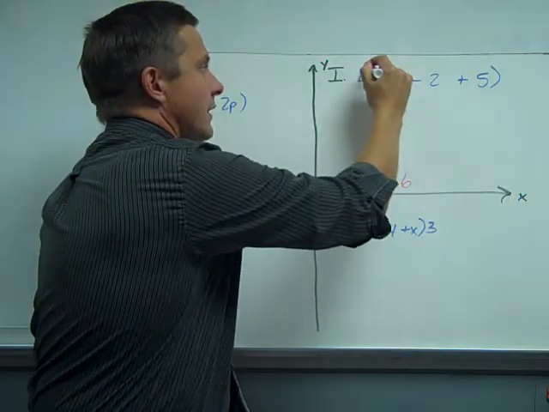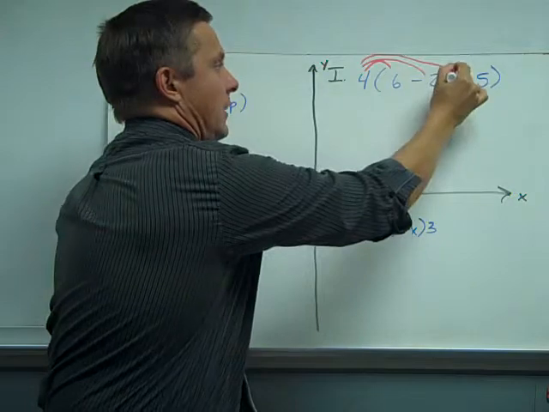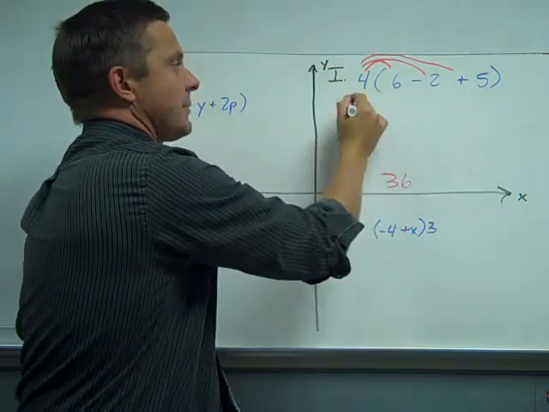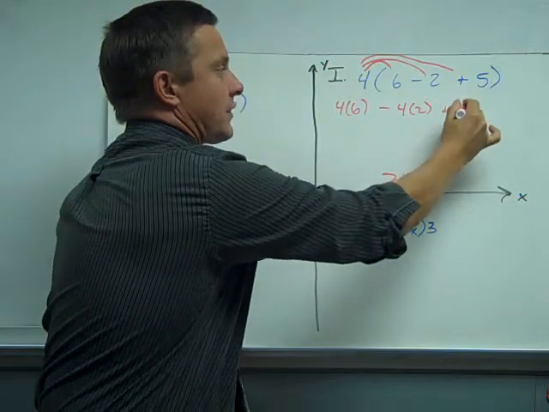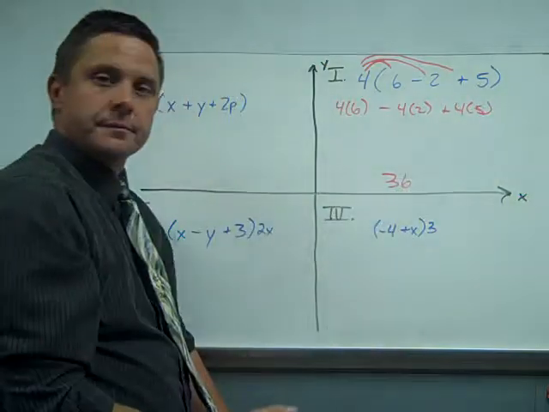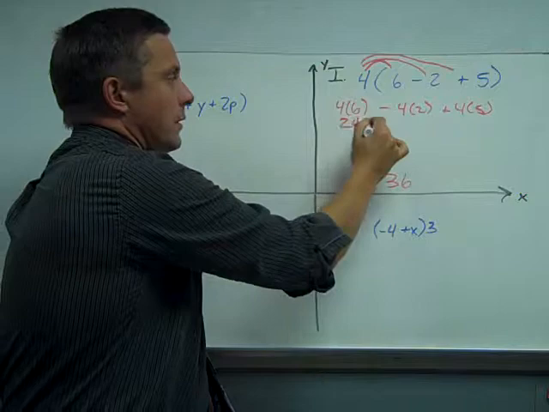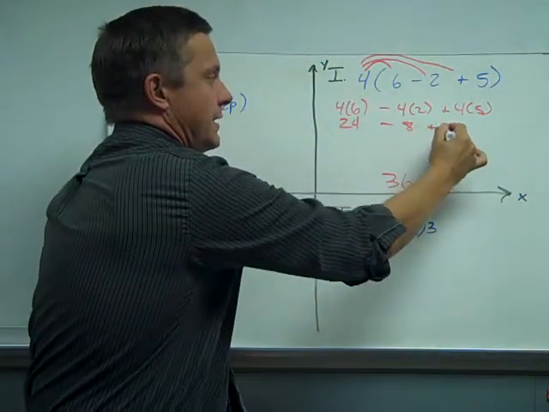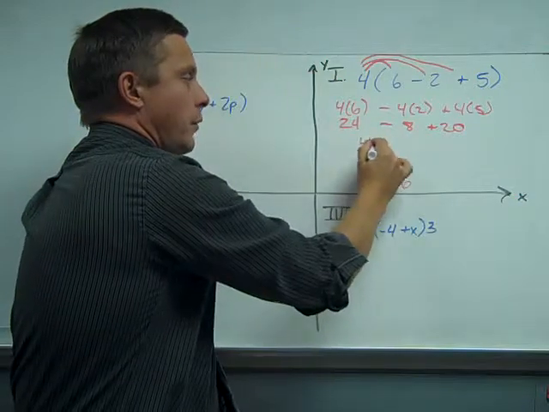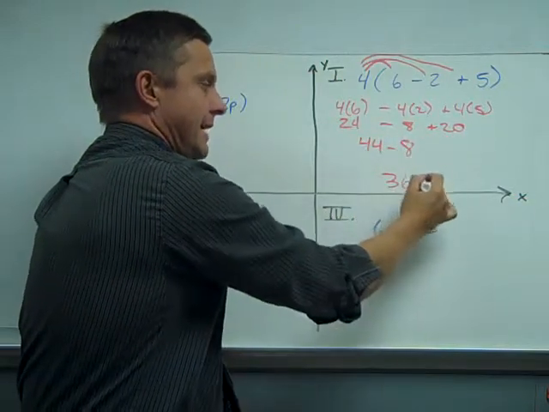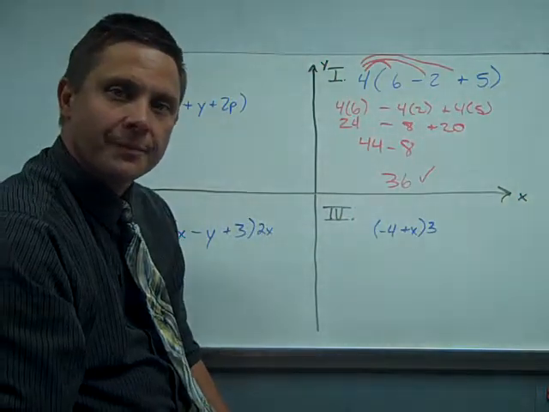So I'll distribute, and this time there are 3 terms. So there'll be 3 terms on here. 4 times 6 minus 4 times 2 plus 4 times 5. 24 minus 8 plus 20. 24 plus 20, I'm going to go 44 minus 8, and that is 36.